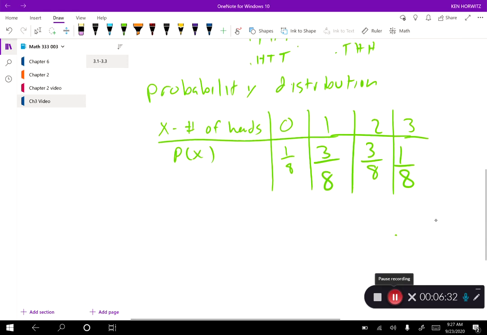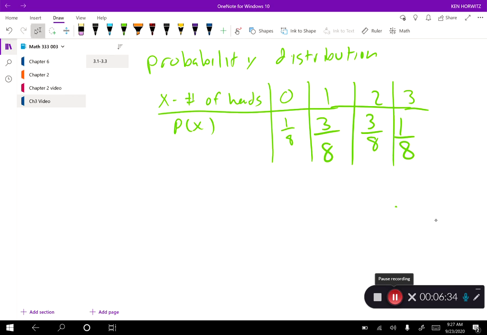All right, now, there are some requirements for a probability distribution. The first requirement is that P of x is a number between 0 and 1.